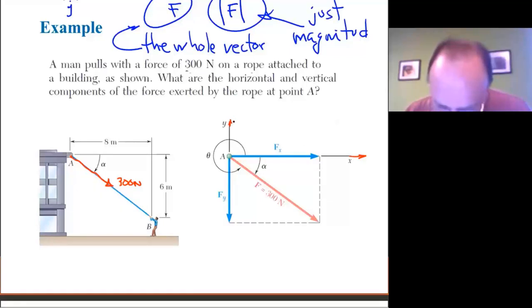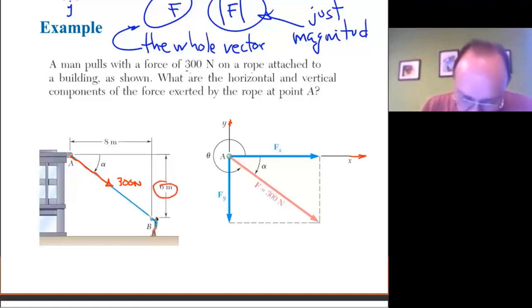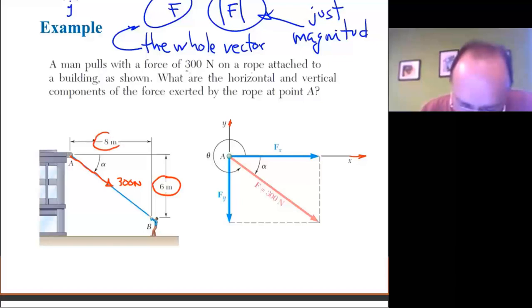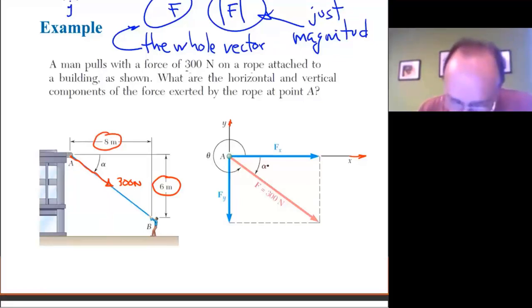And then we have some dimensions here. It says that the building is 6 meters up from the point where the guy is holding the rope to the roof, or the place where the cable is attached at the roof. And the horizontal distance between the building and the guy is 8 meters. So we don't have the alpha angle here, but we have a way to find it.